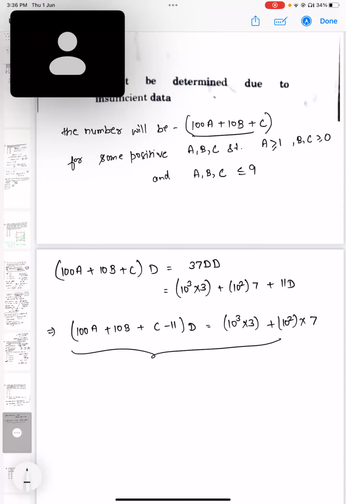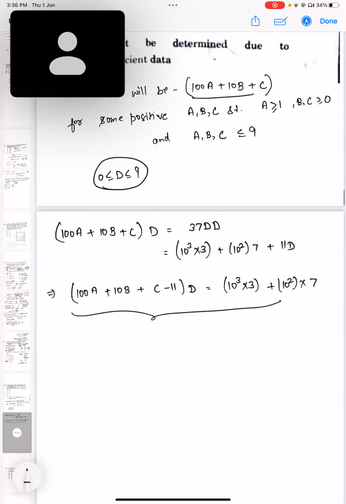But still, you can't really find the value of A, B, C directly. D is also a number, so 0 is less than or equal to D less than or equal to 9. So we have to substitute some value of D and then see how things are behaving. That only we can do here.